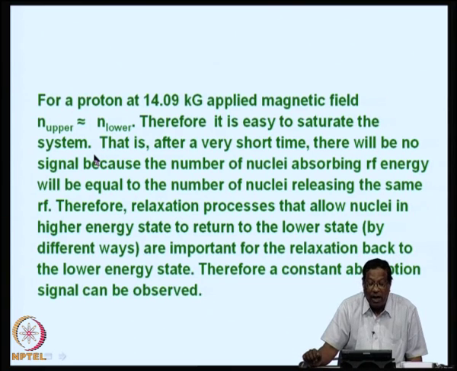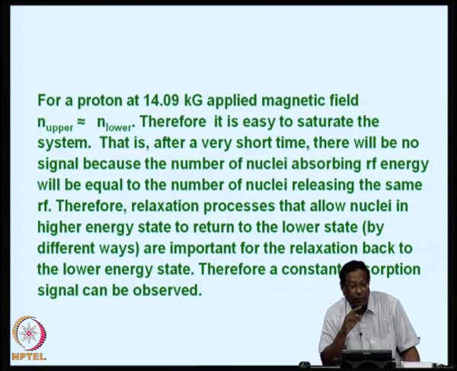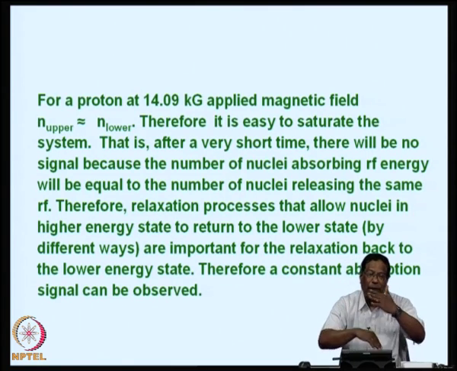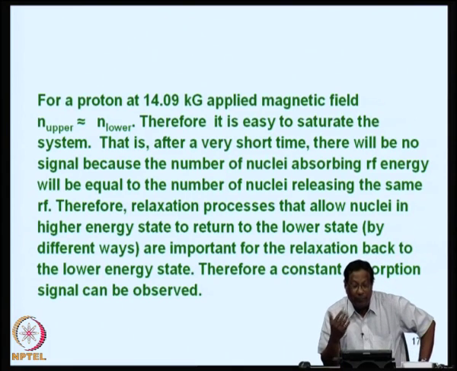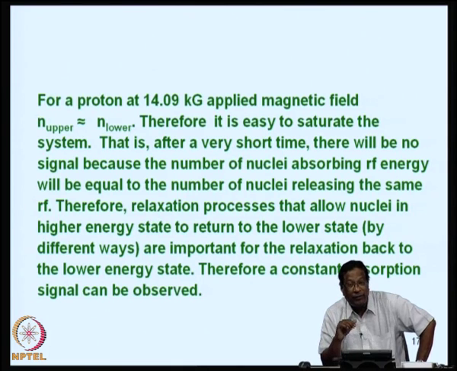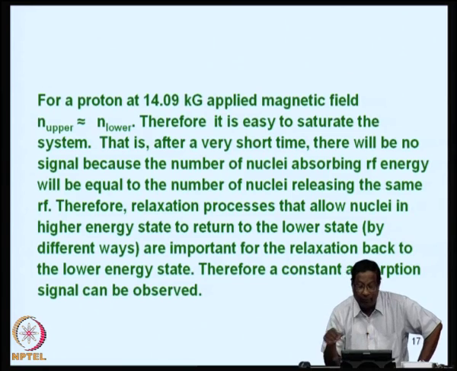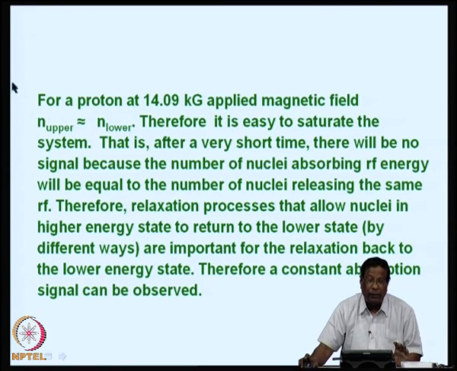That means, after a very short time there will be no signal, because the number of nuclei absorbing RF energy and flipping over would become equal. Therefore, the relaxation processes that allow nuclei at higher energy state to return to the lower energy state are important, and therefore you can see only a constant absorption peak.